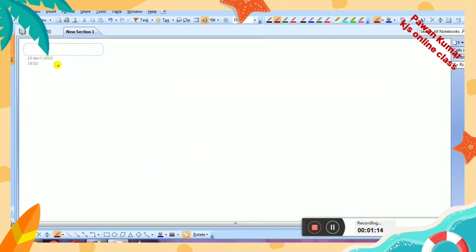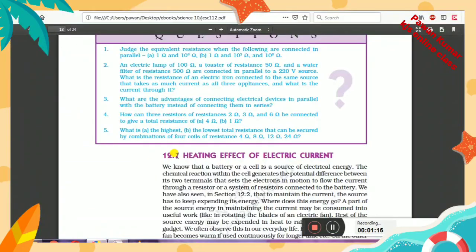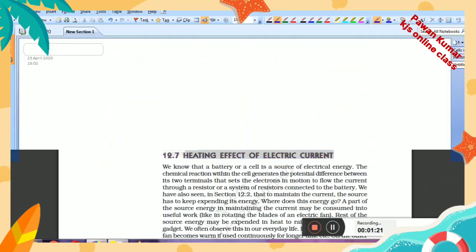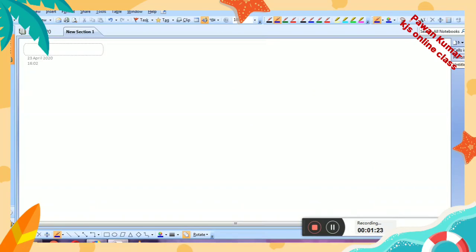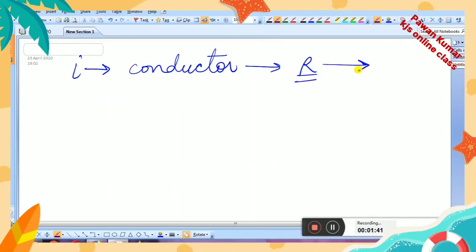So today we will start the heating effect of electric current. Heating effect of electric current means heat will be produced due to the flow of current. Current flows in a conductor, and every conductor has some resistance. The work of that resistance is to oppose the flow of current.